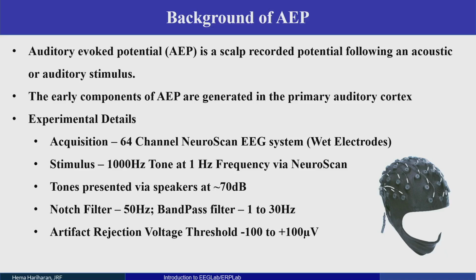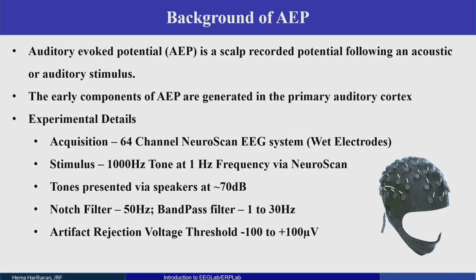So what is AEP? AEP is the auditory evoked potential. When we give a particular auditory stimulus, like a 1000 hertz or 500 hertz tone, the scalp records the potential based on the stimulus given. That is called the auditory evoked potential.